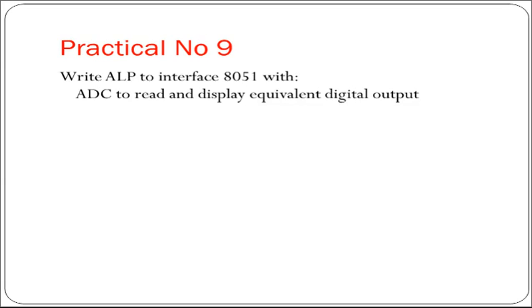The addresses of port A, port B, port C and the CWR are 100, 101, 102 and 103. We have to program port A in input output mode. We have to send the start of conversion signal. We have to continuously check for the end of conversion signal. Finally, when the output is ready, we take it into one of the registers of the 8051, and then we can display this content on the monitor. That's how we are going to perform this particular assignment.